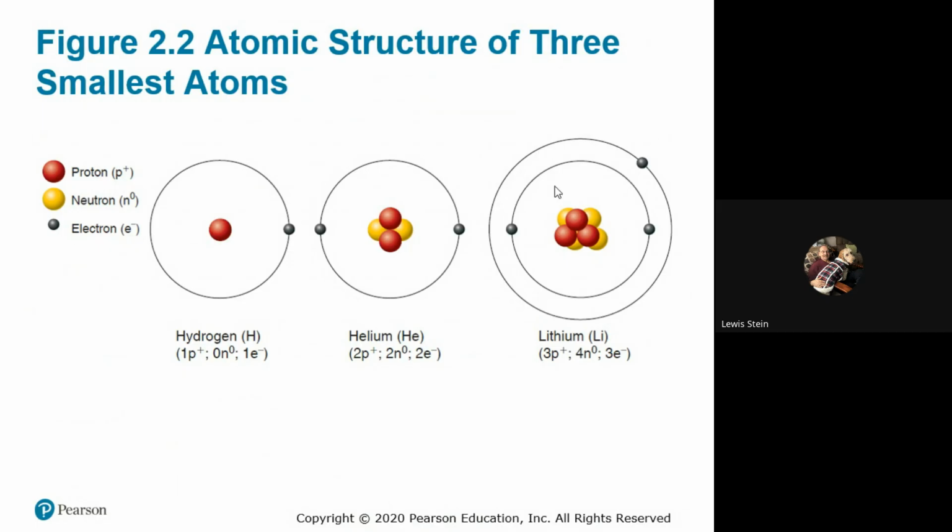Once you get to everything else that we're going to really look at, things like lithium, sodium, potassium, chloride, fluoride, iodine, oxygen, phosphorus, nitrogen, all of those, that outermost orbital has 8. It's called the octet rule. You may have heard of it before, probably did. That's 8 electrons.